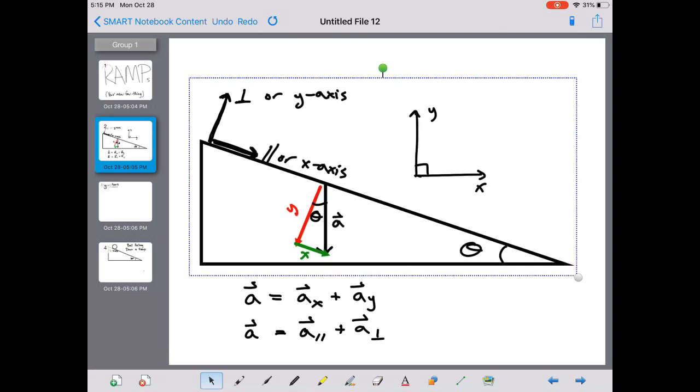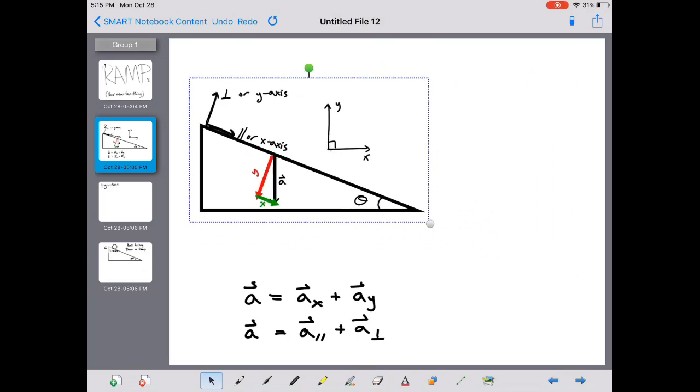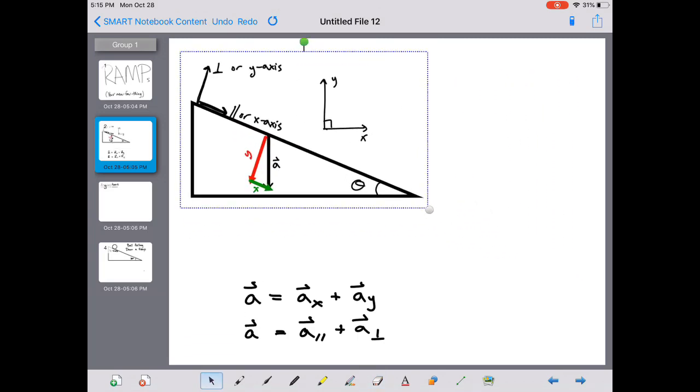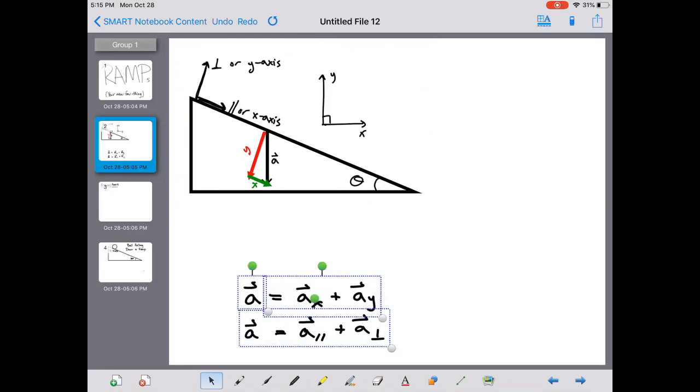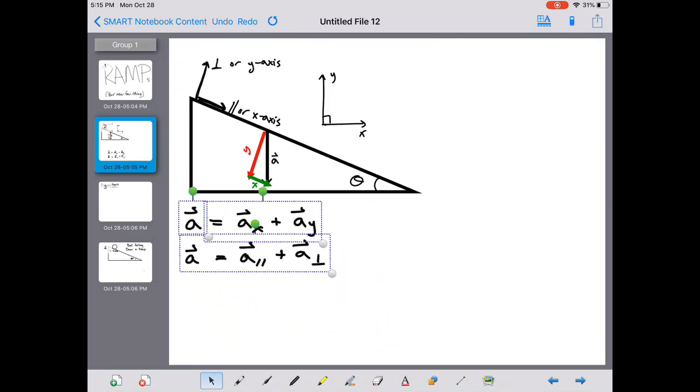All right? So I'm going to erase this. Make this smaller here. Now, we've got our trig functions that we're used to using. So let's bring those out here. We know that sine of theta is equal to opposite over hypotenuse. We know cosine of theta is adjacent over hypotenuse.